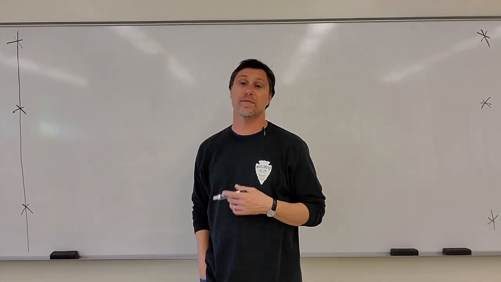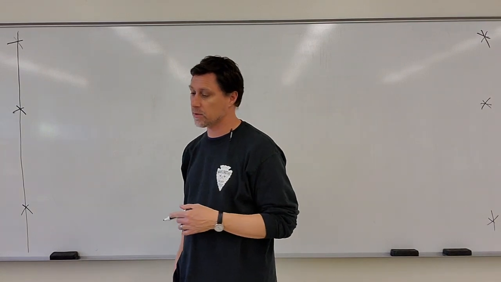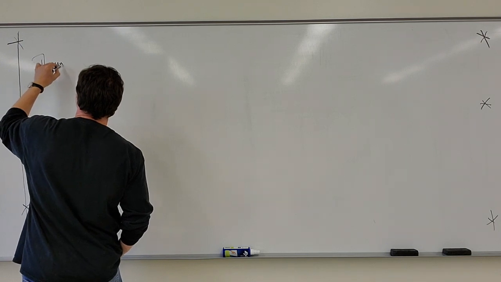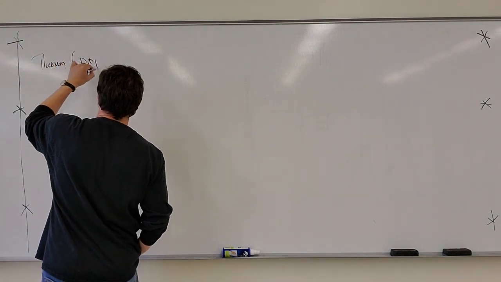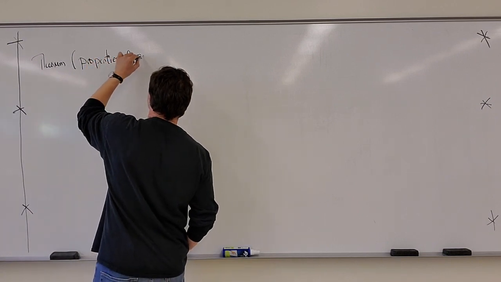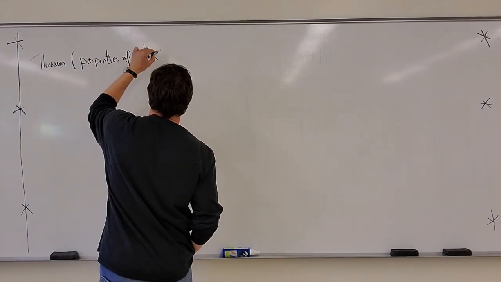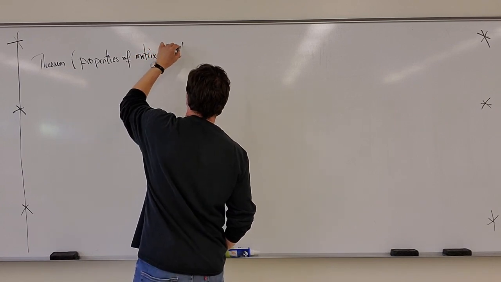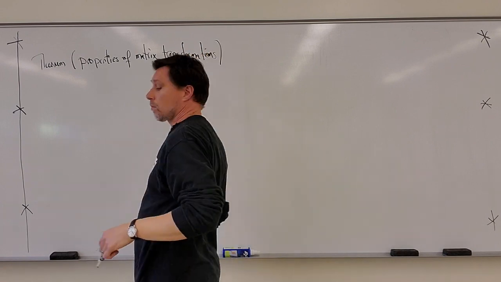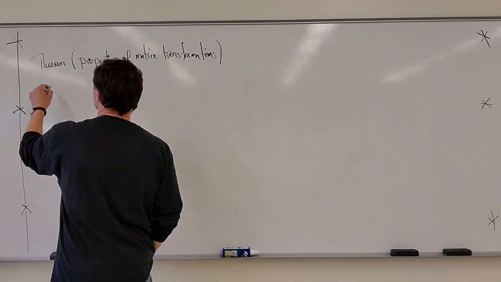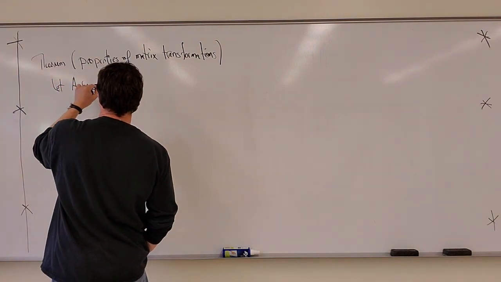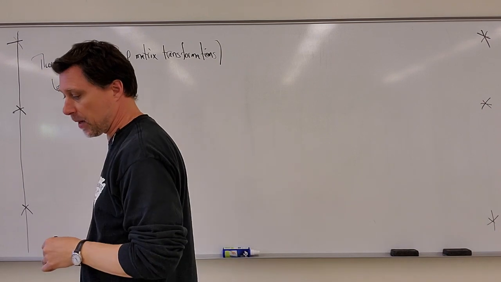Matrix transformations have some nice properties, right? And I'd like to write these down. So let's call this a theorem. Properties of matrix transformations. So let capital A be m by n. So we've got an m by n matrix.